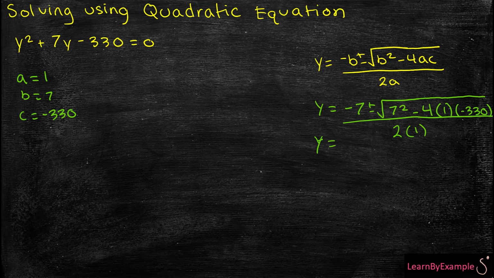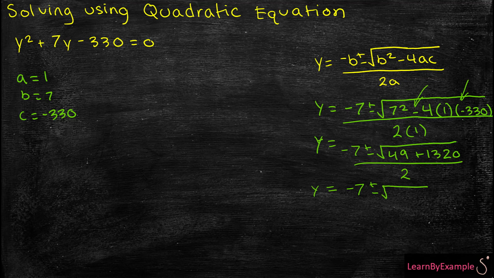Because we have a negative and a negative, this is going to equal positive, so it's going to change to 49 plus 1320, all over 2. You want to take this step by step so you make sure you don't make any mistakes. Enter this into your calculator.